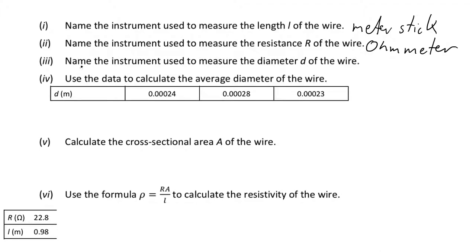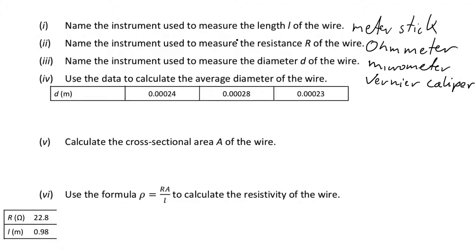And finally, we need to name the instrument used to measure the diameter of the wire. So that would be either a micrometer or vernier caliper. These three instruments were required for this experiment.